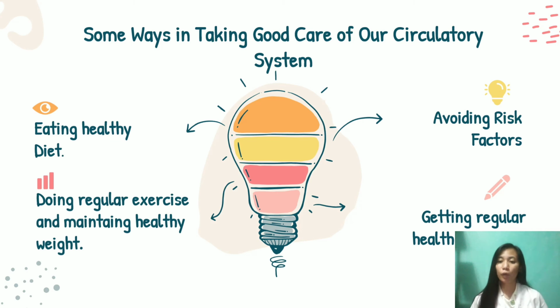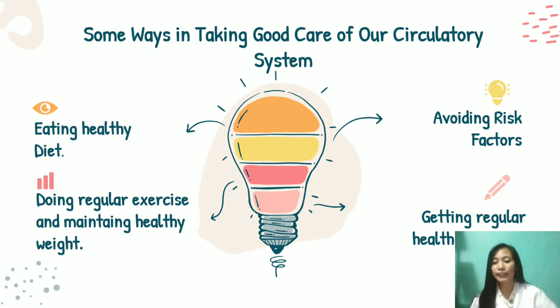Third is avoiding risk factors. Class, there are controllable risk factors that can be managed and reduced to prevent diseases of the circulatory system. This includes smoking, alcohol consumption, poor nutrition, tension or stress, and physical inactivity, as well as unhealthy conditions like hypertension and obesity.